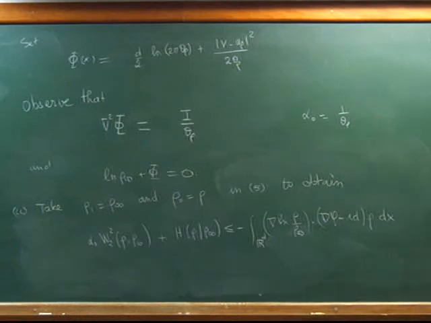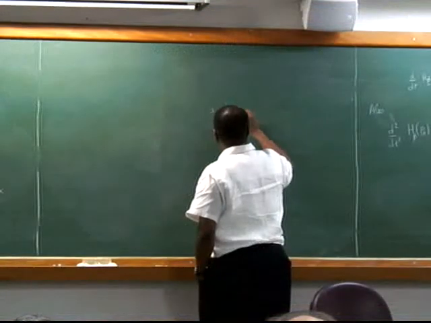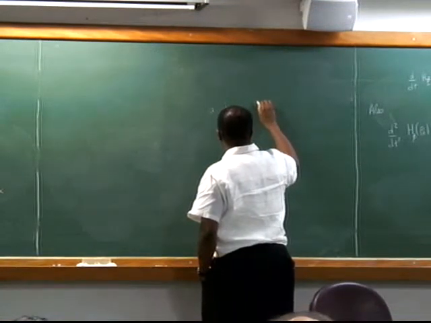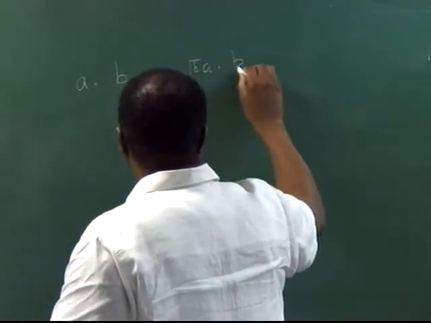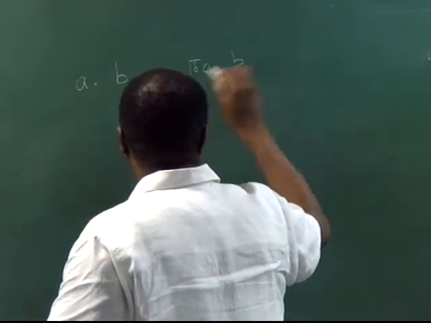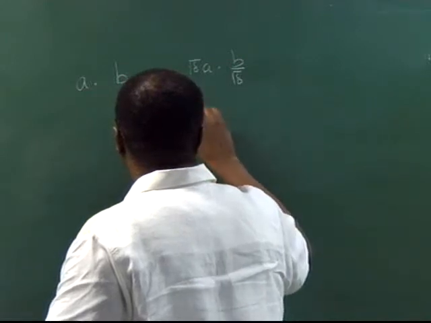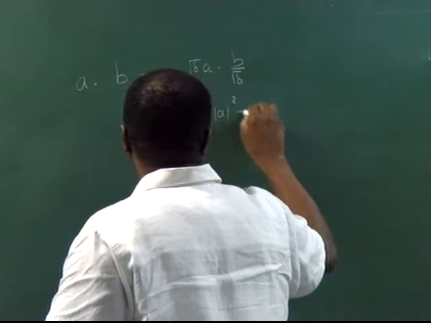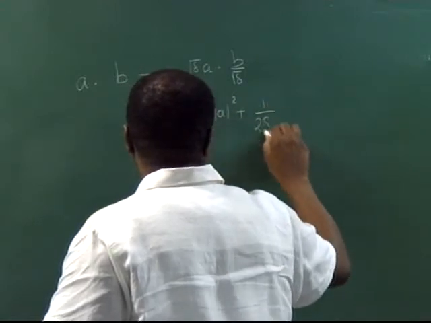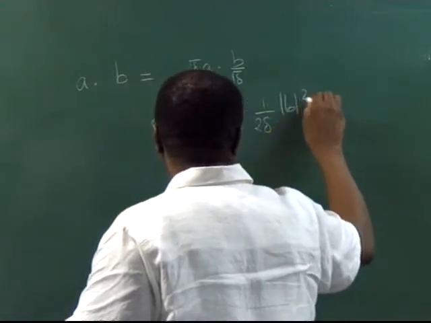Now I am going to use Young's inequality. If I have two vectors A inner product B, I can write that this is square root of delta A, B divided by square root of delta. And so that will be less than 1/2 delta A squared plus 1/2 delta B squared.